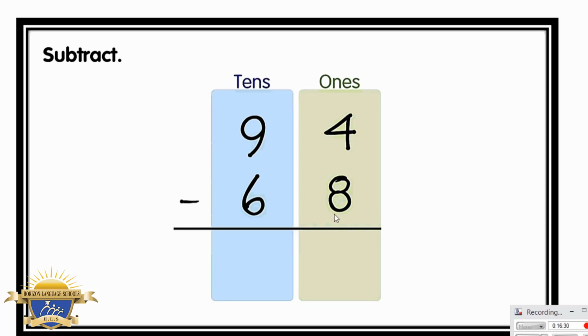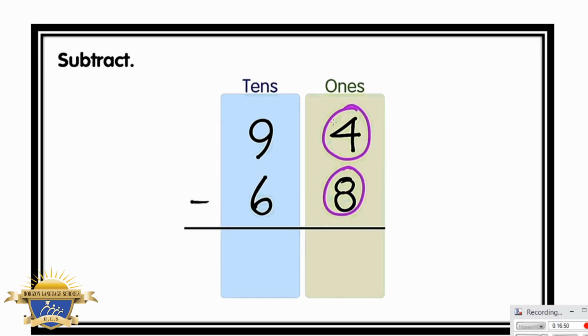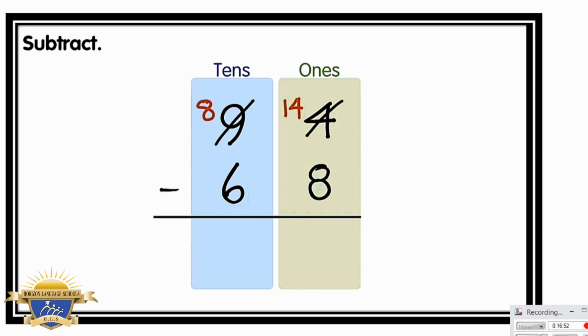If you have more on the floor, so we will knock the next door. I will knock on 9 and said, please, can you give me 1? So the 9 will give the 4 1. So the 4 will be 14 and 9 will be 8. So now we can subtract 8 from 14 by using the counting on strategy.